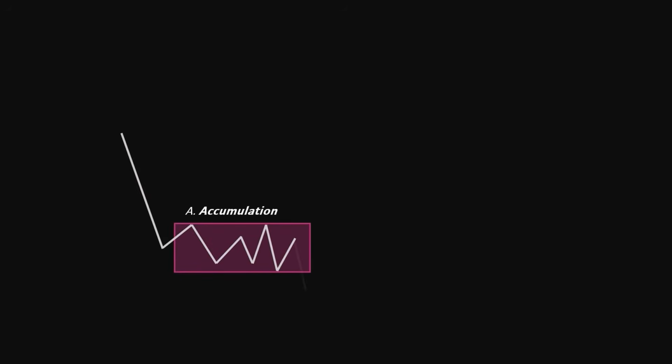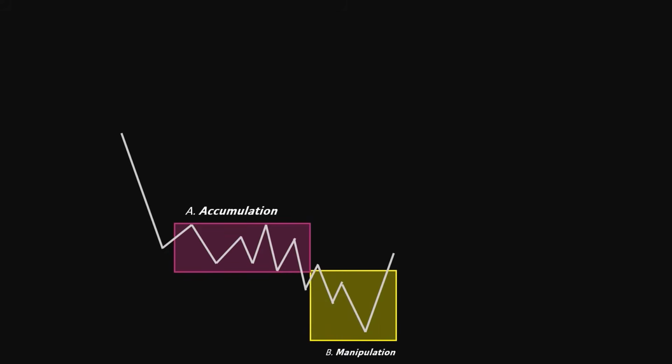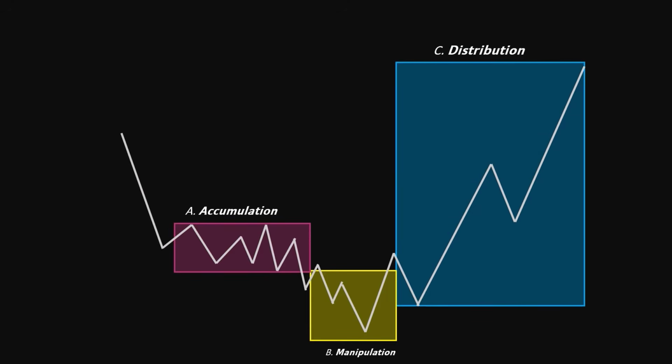The market repeats this cycle again and again. Accumulation is when price moves sideways, usually in a tight range. Then comes manipulation, where the market grabs liquidity, often stopping out retail traders. Finally, we get distribution, where price moves directionally, creating the real move of the session. This repeating pattern is known as the power of three. It's like the heartbeat of the market.